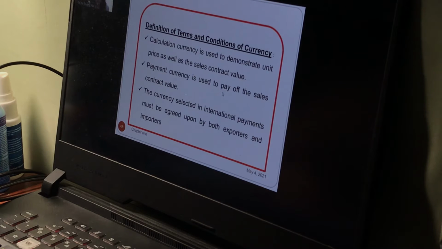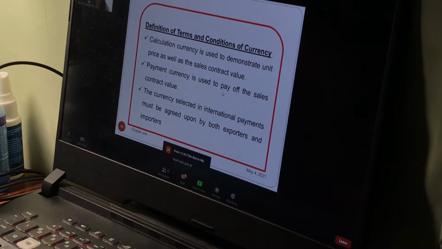A party can be an exporter, an importer, or maybe commercial banks. Normally, we have two enterprises, exporter and importer, and two commercial banks. So what happened to you if you use two different currencies?